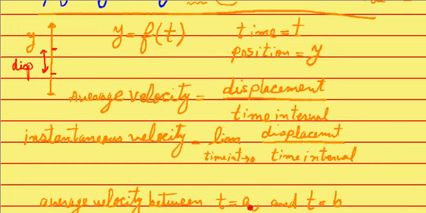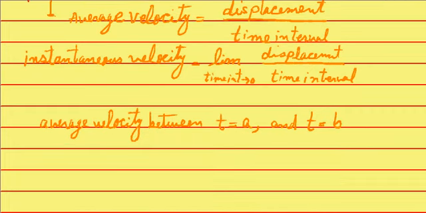Well, at any given moment, where is the particle? Here's a description. Plug the value for time, and the output is going to be the location. So at t equal to a, y is f of a. At t equal to b, y is equal to f of b.